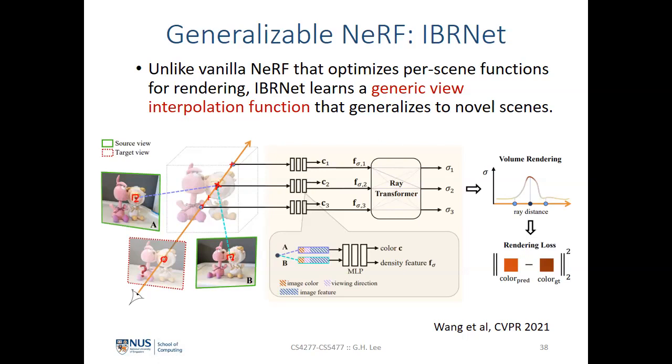When you have an object at that point, you need to know where the free space is and where the other objects on that ray are. In order to produce a smooth volume density across the whole ray, it needs to be placed into the ray transformer, because this has to do with occupancy. Whereas the color would be based on just the direction and that point in space. So the color will be predicted first, and you don't have to put it through the ray transformer.